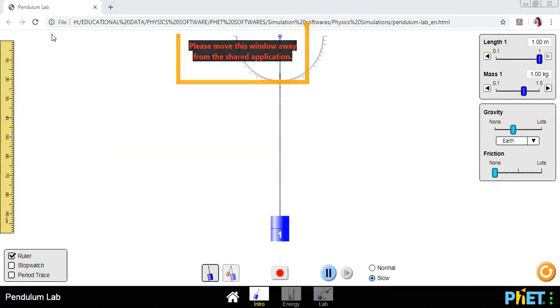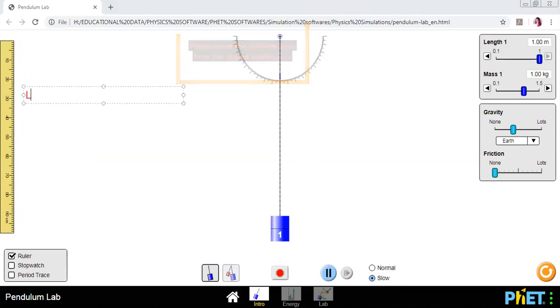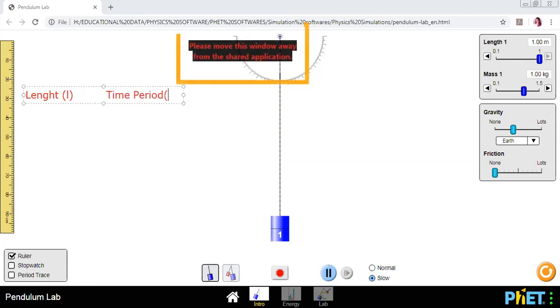The table has first the length of the pendulum, L, and the second parameter is the time period, T. So we are finding the relation between the length of the pendulum and the time period. Clear? So this is the relation we are trying to figure out.